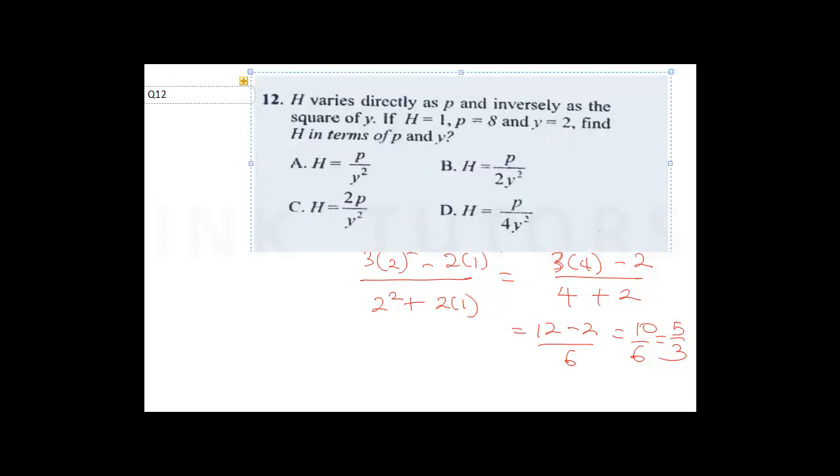Then the next question is a variation question. It says h varies directly as p and inversely as the square of y. So this means therefore h is equal to kp over y squared.